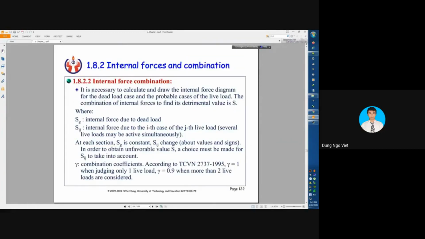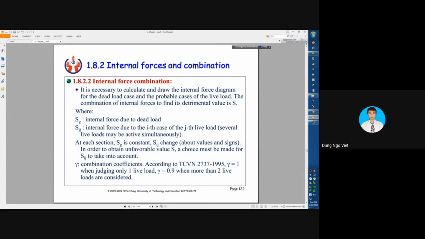So here are the internal force combinations. It is necessary to calculate and draw the internal force diagram for the dead load case and the probable cases of live load.